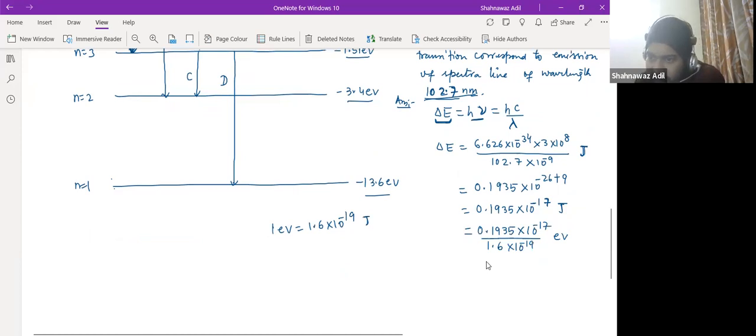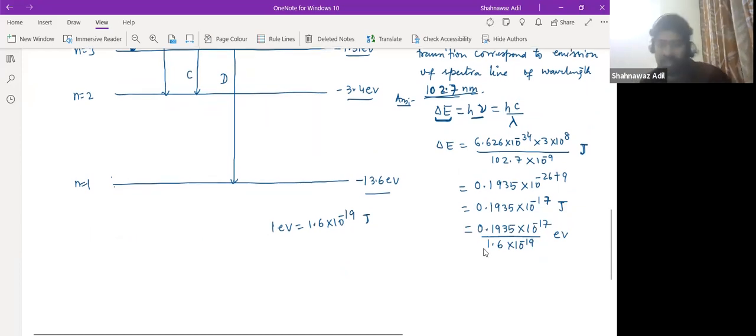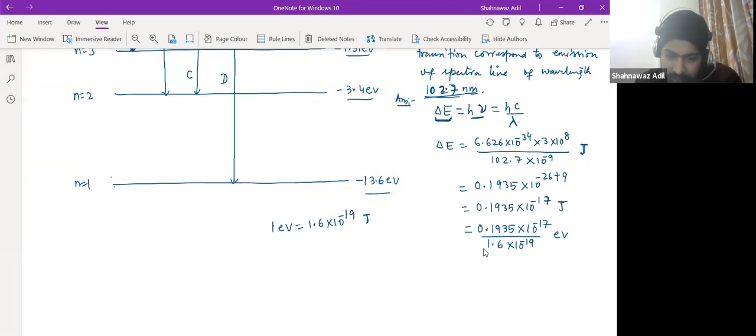So how much would that be? Let us divide this. Divided by 1.6, this is 0.1209, and into 10 to the power minus 17 plus 19, this would be 0.1209 into 10 to the power 2 electron volts.